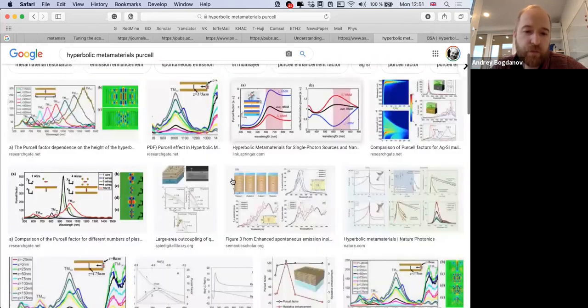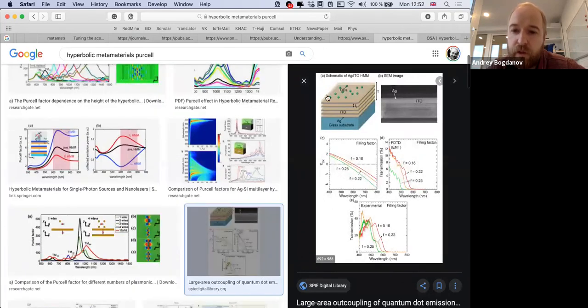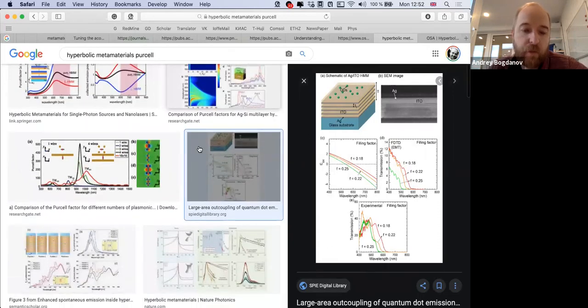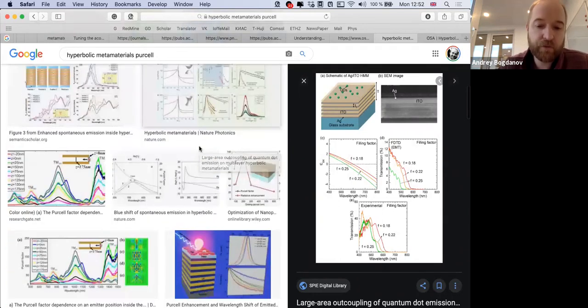You see a lot of figures for enhancement. This is some real experiment: you see quantum dots at the top of a hyperbolic metamaterial, and people measure the enhancement in comparison with free space.